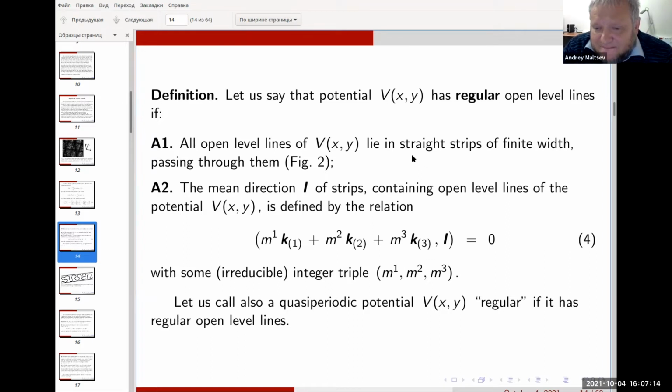Its direction is given by relation 4, and here 3 integer numbers m1, m2, m3 arise, which are actually locally stable. It appears that this situation remains the same if we change a little bit the parameters of our potentials, and the numbers m1, m2, m3 are the same in this situation.